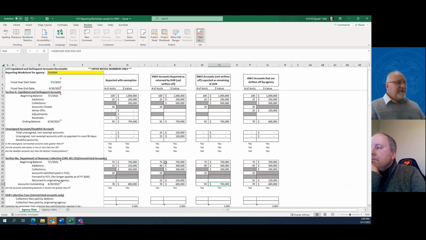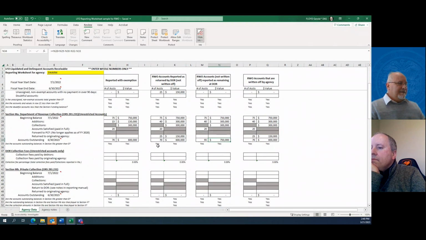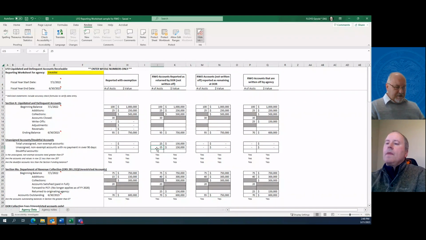So let me show an example of this. What you're talking about is like here you've got an account, just for this example, 25 for 150,000. This is the formula. This is a field that you fill in that says of that amount, which accounts have not had a payment for more than 90 days.